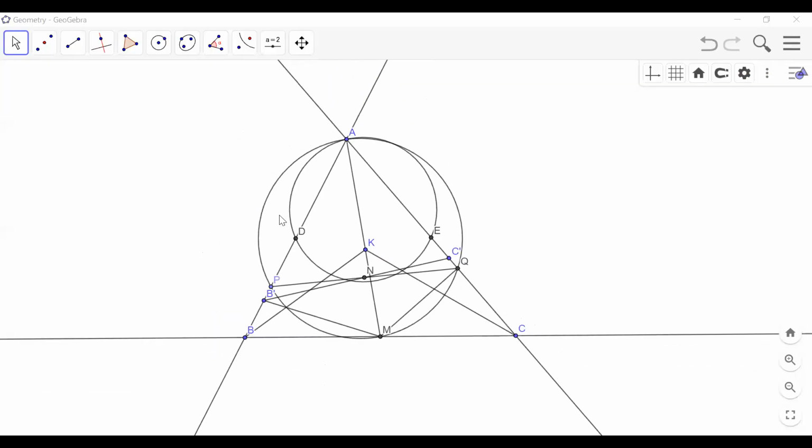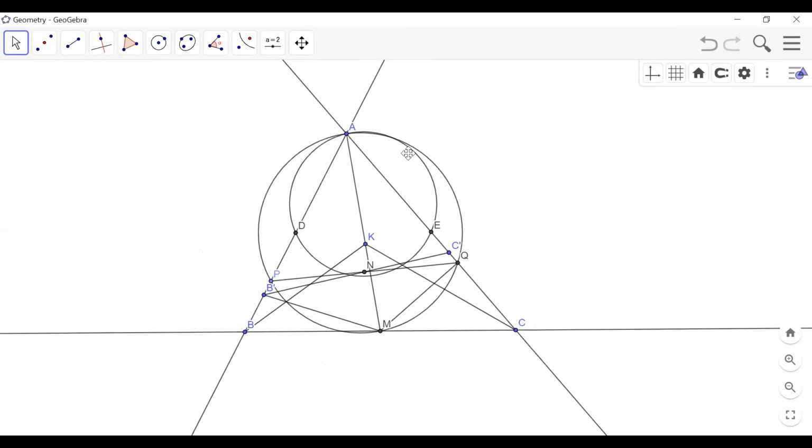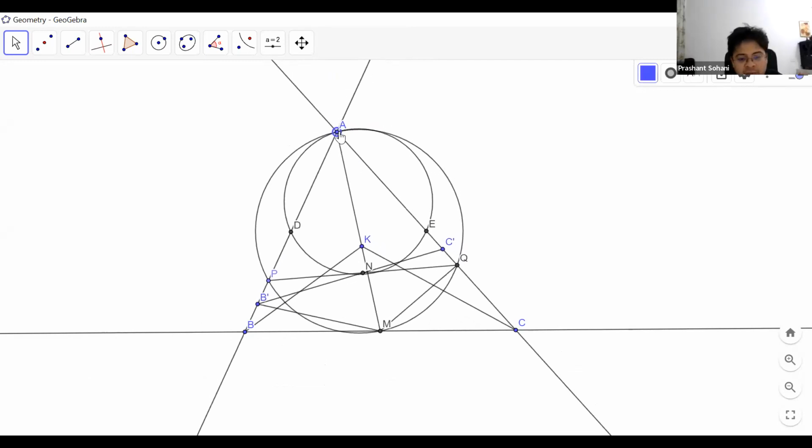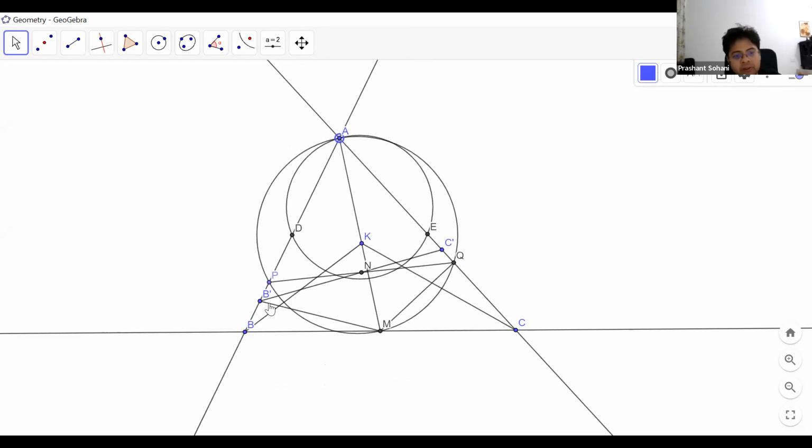Do I have the correct labels? Fine, it looks fine. I changed ABC to BAC or something. Basically, instead of BC, it should have been AC. Okay, that is fine.